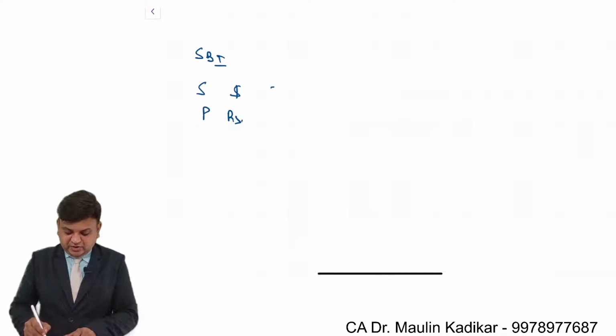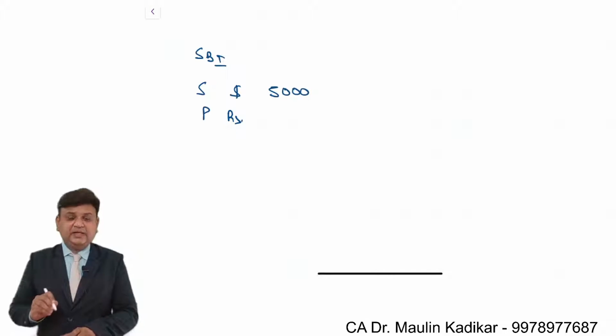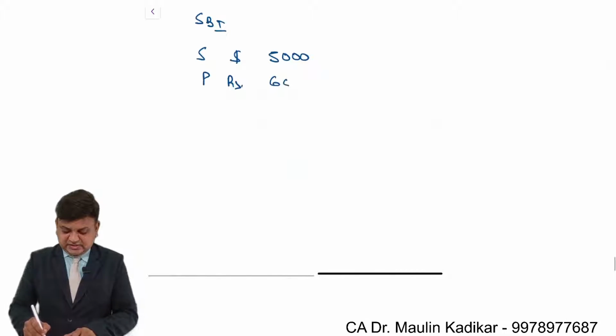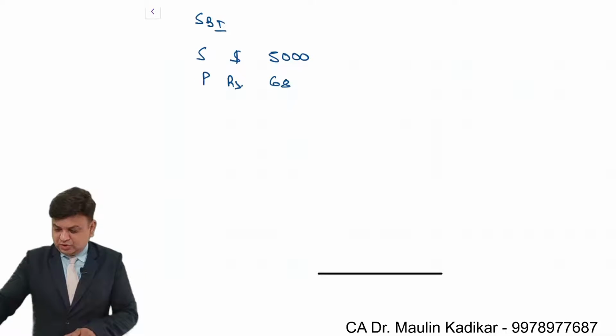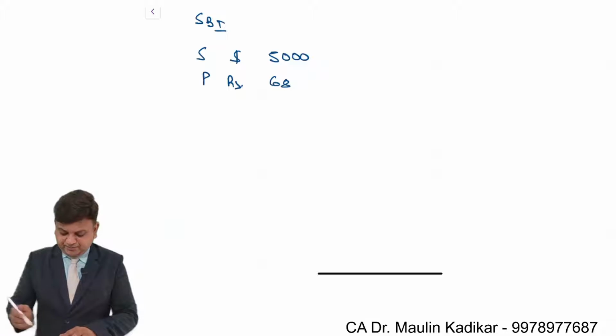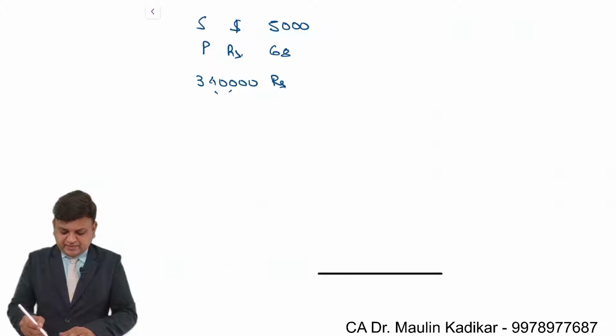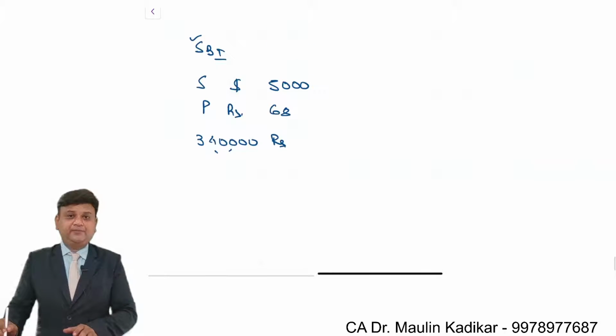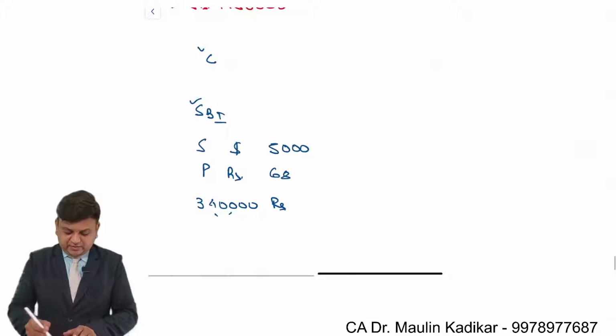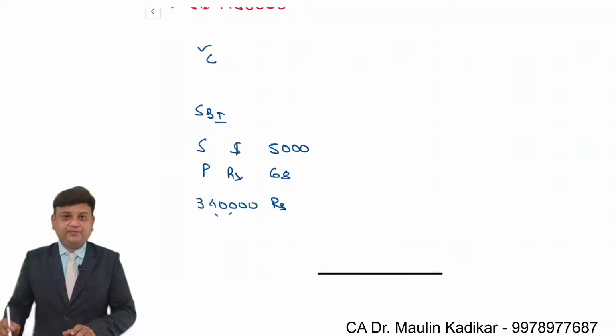How much amount of dollar? 5,000. Let us assume that the exchange rate is 68 rupees per dollar. So 5,000 into 68, an amount of 3,40,000 rupees is supposed to be paid by State Bank of India to C Limited.